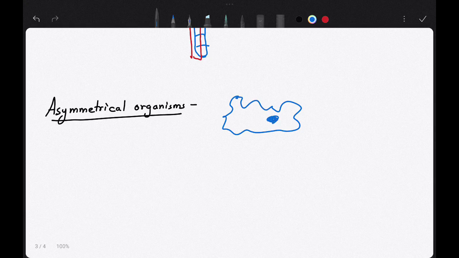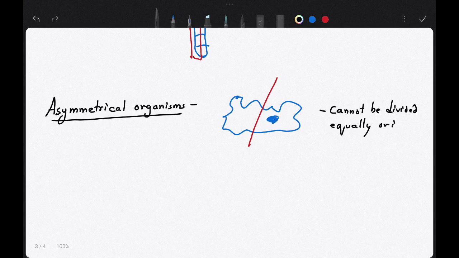This is mainly found in amoeba or lower organisms. You cannot divide these organisms into equal parts. I hope this is clear.